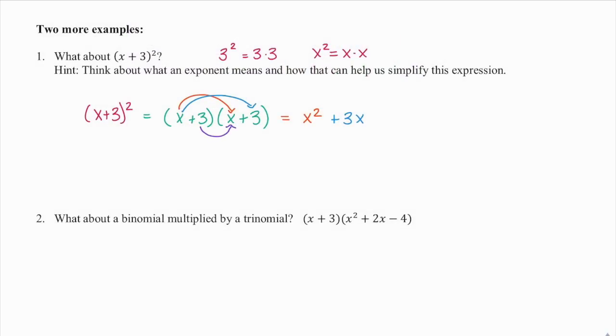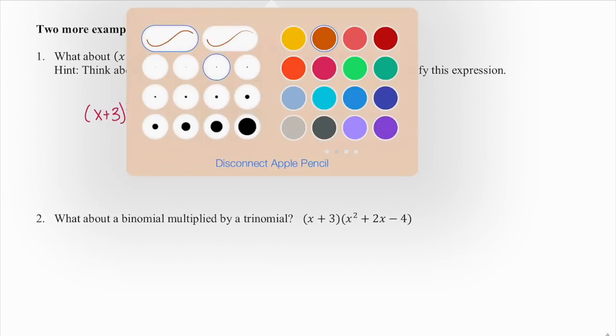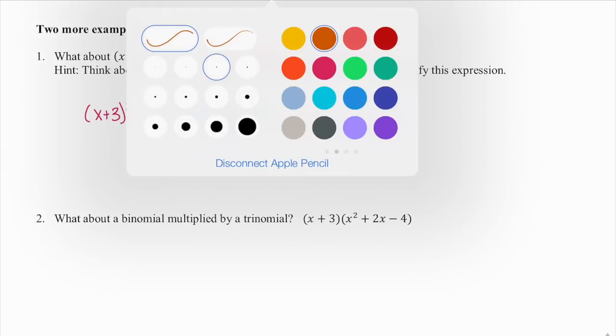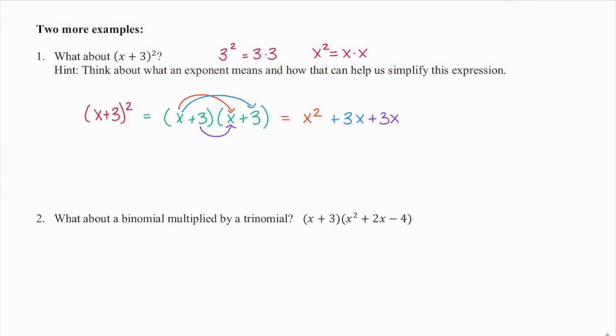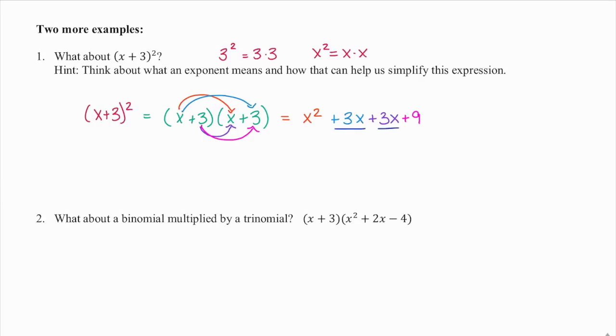Innermost two terms, 3x. And my last term times my last term, 3 times 3, which is 9. Don't forget to combine like terms. x squared plus 6x plus 9.